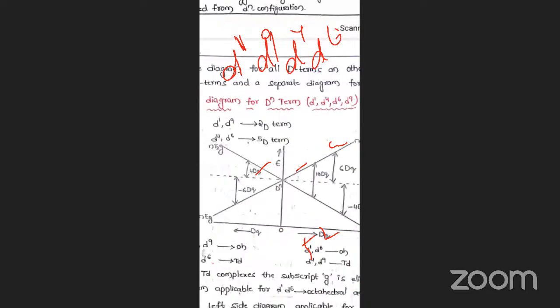The D term can be used for the d1 configuration, d9, d4, and d6 configurations. These 4 configurations are used for the D term. Okay, you can observe here.